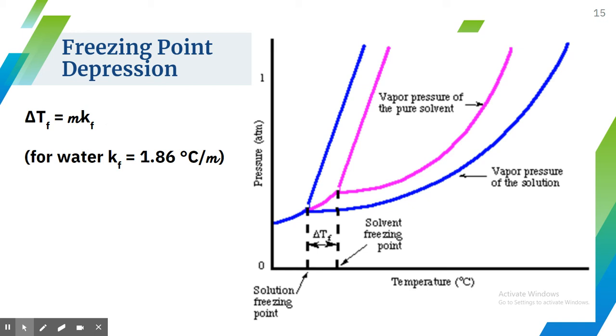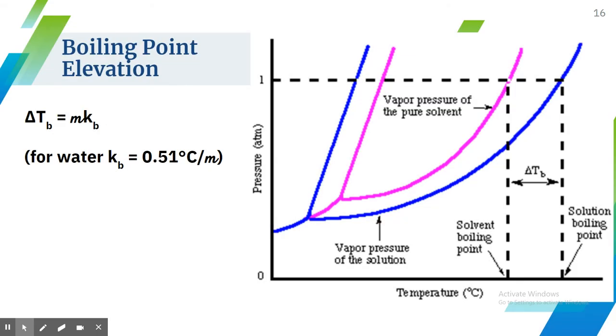On the next slide, we're going to take a look at boiling point elevation. It's a similar formula, and you're still going to use the moles per kilogram, the cursive m there. I've listed the boiling point elevation constant, that's the K there, for water.